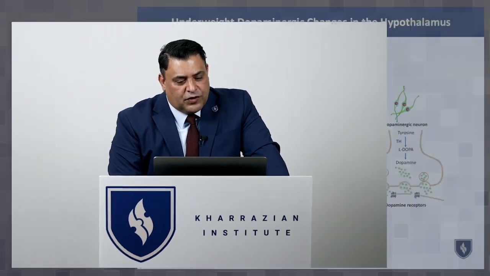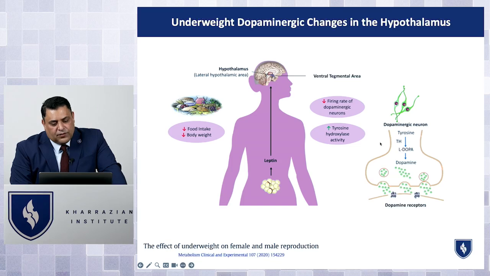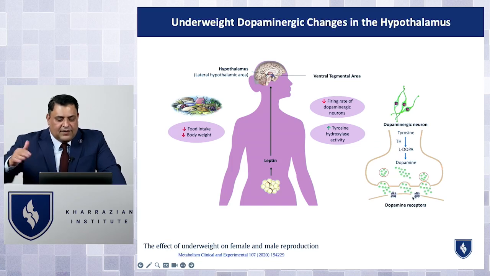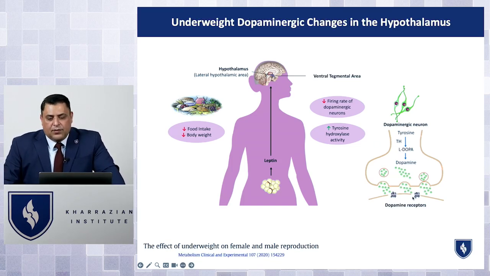So adipose tissue also has a direct impact on dopamine levels in the brain, and adipokines here, like leptin, activate the hypothalamic pituitary axis. They fire the dopaminergic neurons, which are really critical for releasing dopamine, which then activates LH and FSH release from the pituitary system as well.